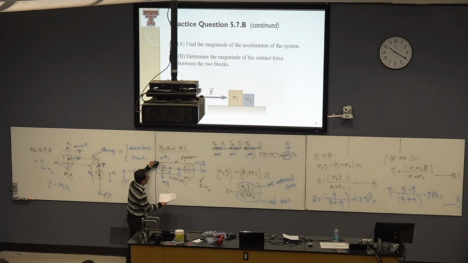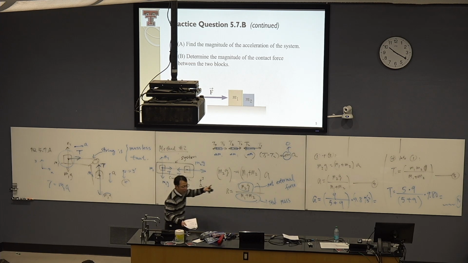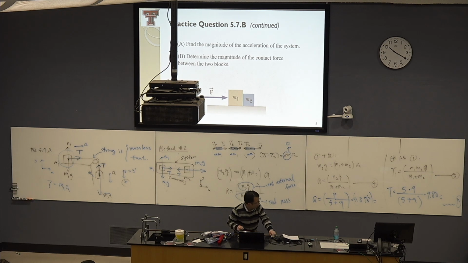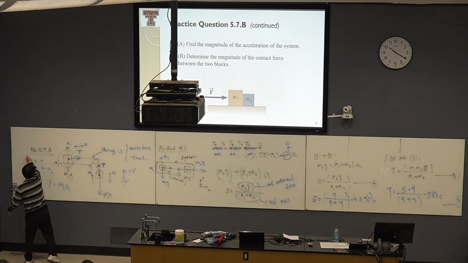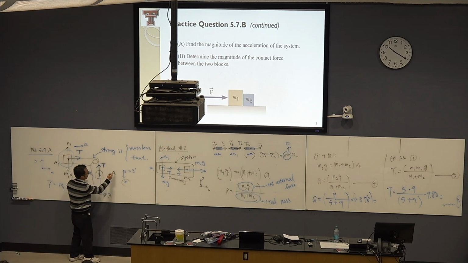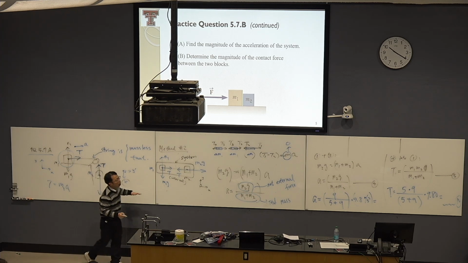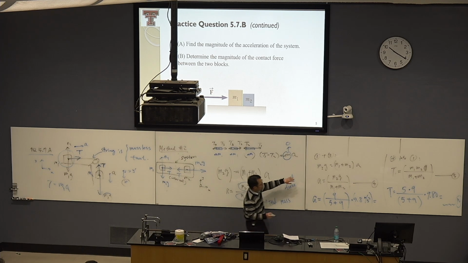Oh, by the way, before I erase this one, in the previous question, if I ask you whether this acceleration A is greater than G, equal to G, or less than G, how would you answer that question? Here we have equation 4.